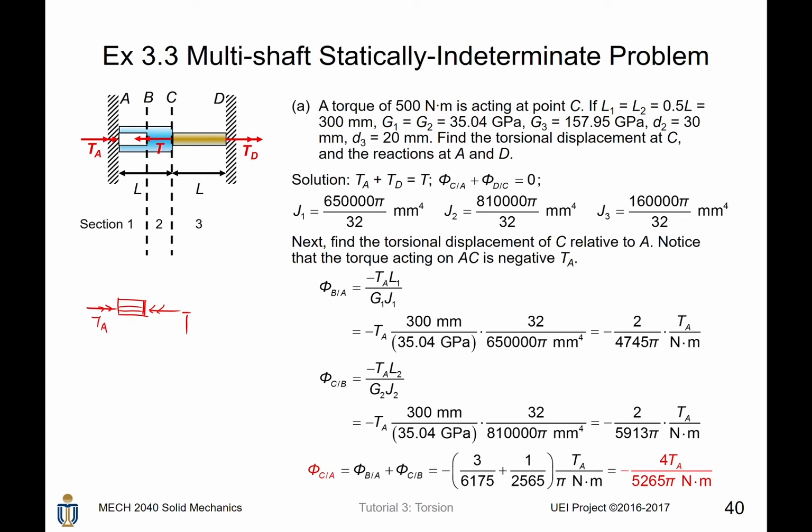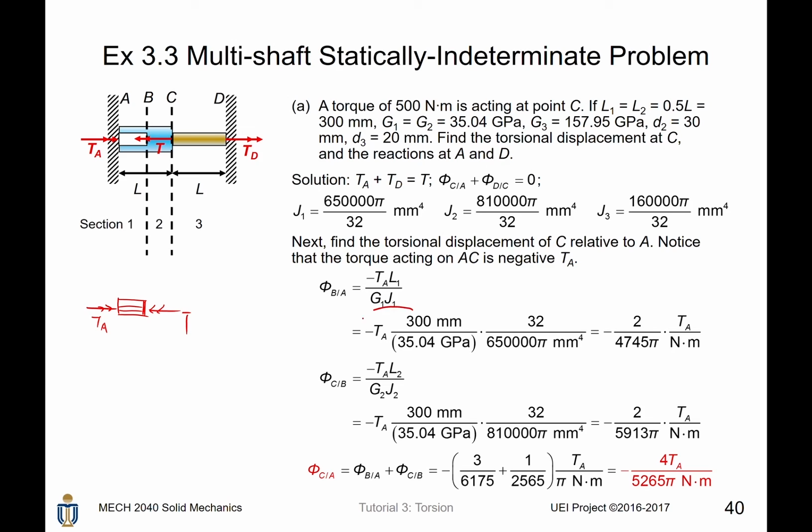Since both of them are pointing into the material, the torsional displacement caused by the torque is negative, and consequently this torque is a negative torque. Therefore, we have the negative sign located here.